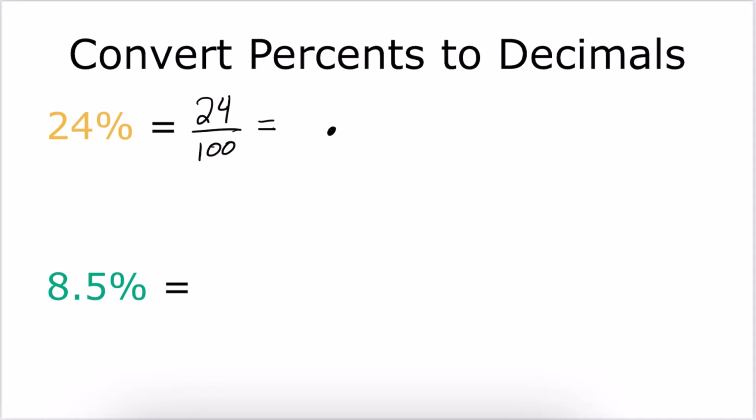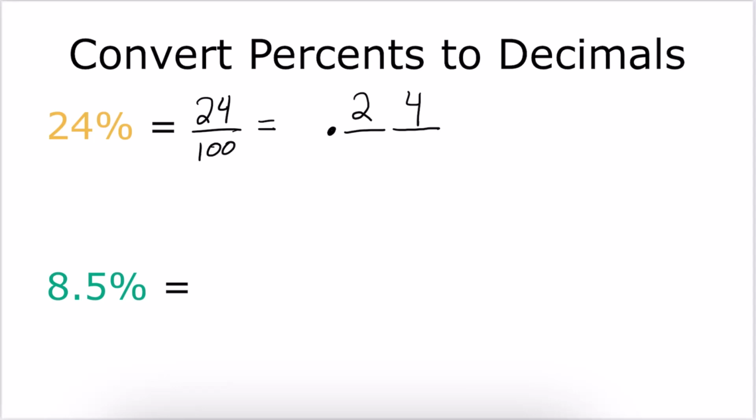So here's our decimal. The first decimal place value is the tenths place, and the second one is the hundredths place. And so we would look at this and say, okay, well, I can't just put 24 in the hundredths place because each place value only gets one digit. So I'm going to put the 4 in the hundredths place and the 2 in the tenths place.